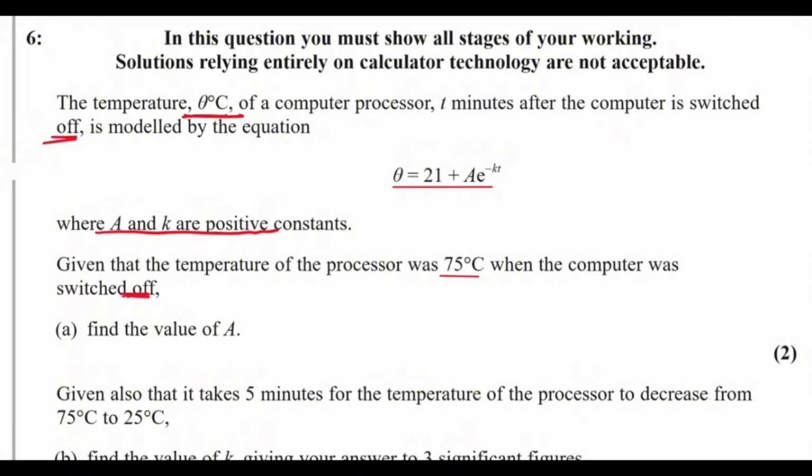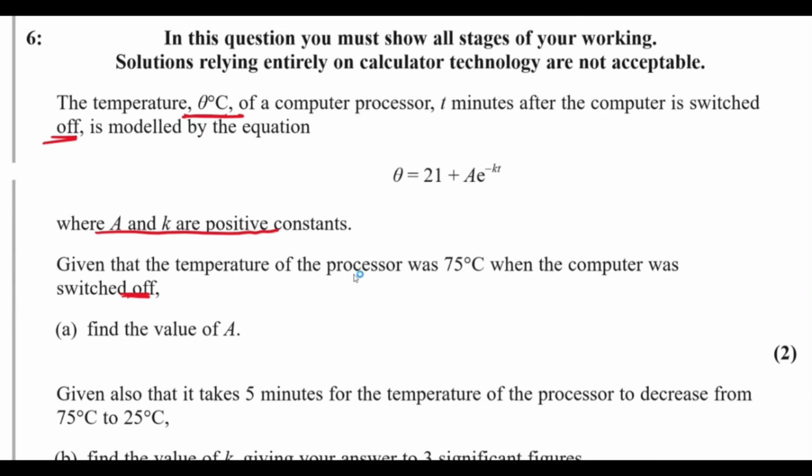Theta equals 21 plus a times e to the power of minus kt. We can also see that it is given that a and k are positive constants in our equation. What this means is that only theta and t are the variables in our equation. Anything other than that are constants.